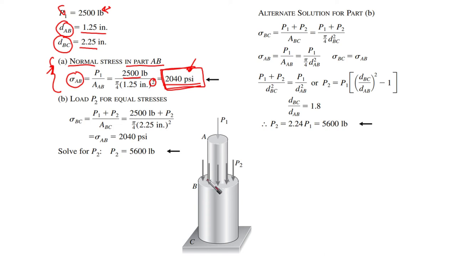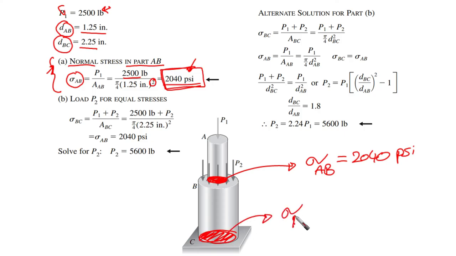This means that the stress here at the upper part, sigma AB, equals 2040 psi. In the second requirement, we want to get the same stress here for the part BC.